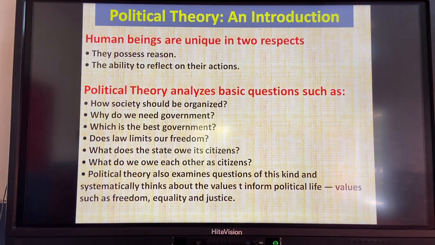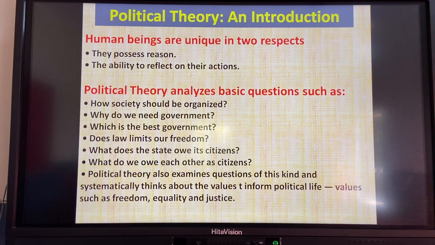Human beings are unique in two respects. They possess reason, the ability to reflect on their actions. Political theory analyzes basic questions such as how society should be organized, why do we need government, which is the best government, does law limit our freedom, what does the state owe its citizens, what do we owe each other as citizens.